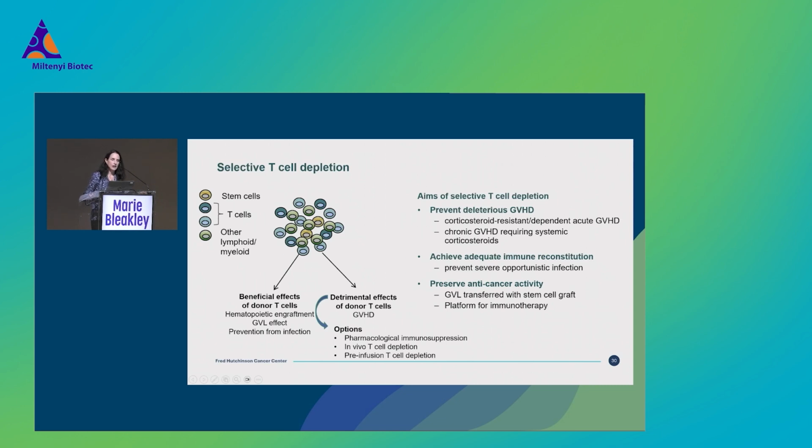The second aim of selective T-cell depletion is to achieve adequate immune reconstitution to protect against infection. And thirdly, we want to preserve anti-cancer activity, both delivering a GVL effect in the graft and also making a transplant platform that is suitable for the introduction of post-transplant immunotherapy for high-risk patients.